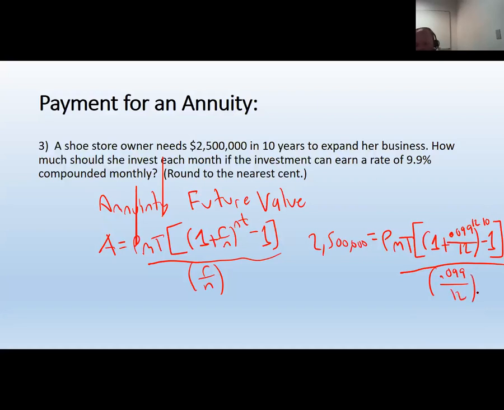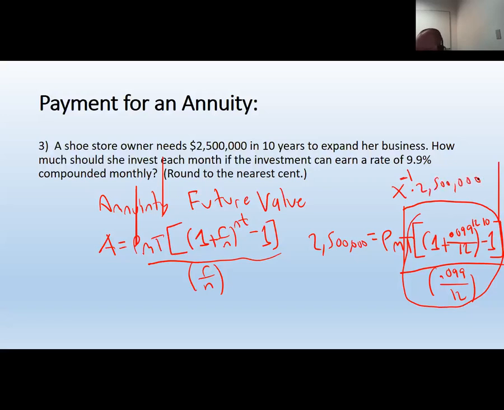And so basically, like we did on the previous problem, you want to calculate this whole side by putting it in just like it is on the calculator. Please ignore the vertical lines. The drawing pad does that without me telling it to. After you calculate this whole right side, because you're trying to solve for the payment, you press the X to the negative first button, which is the reciprocal button, and multiply it by 2,500,000.